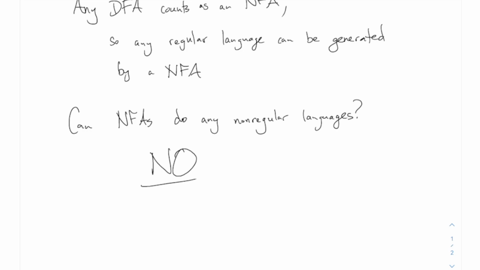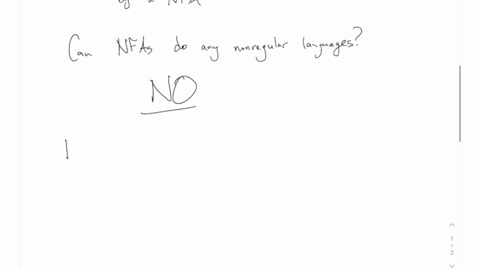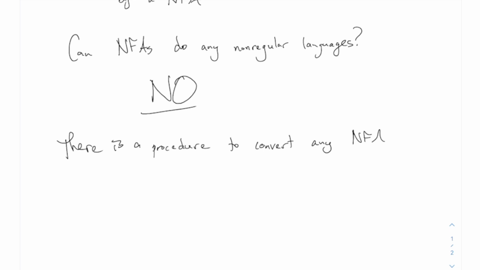And the way that we're going to demonstrate that is, there is a procedure, vaguely like the unions and intersections with the product machines, to convert any NFA into an equivalent DFA.